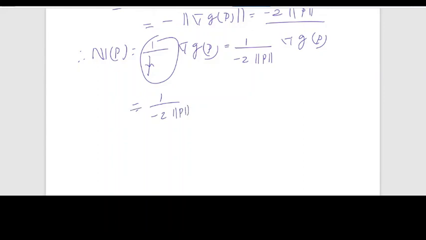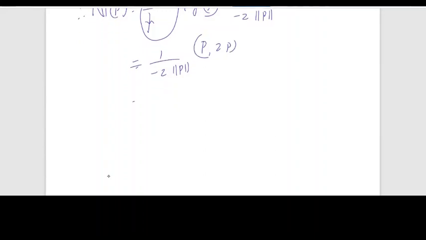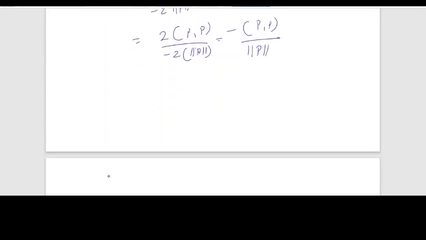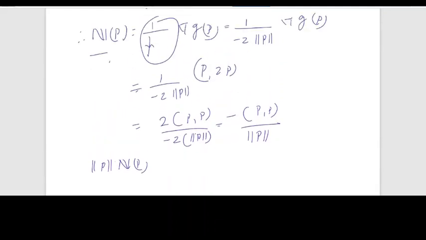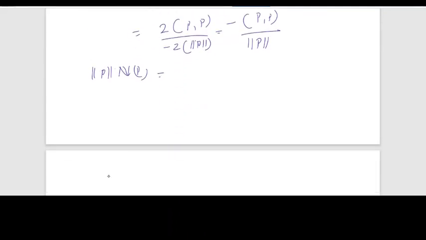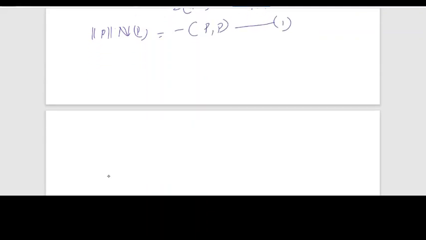What is del g of p? This is actually 2p. So that is equal to 2p divided by minus 2 norm p, which is minus p divided by norm p. So norm p into N of p equals minus p. This is our equation number 1.